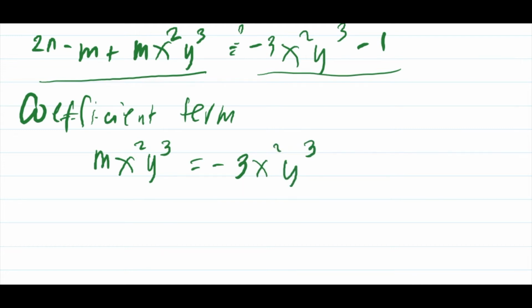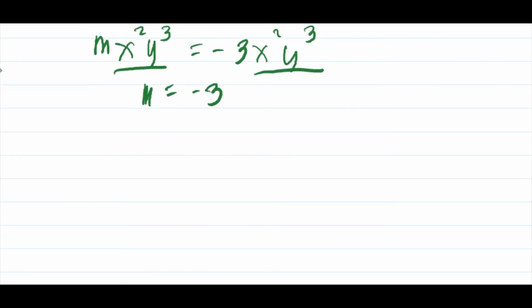We have common terms of x squared y cubed, so we can now find the value of m. m will be equal to negative 3.